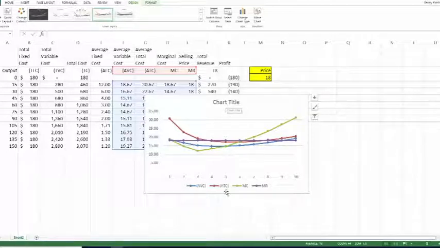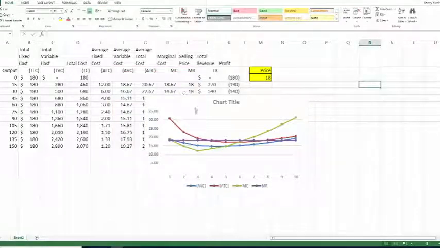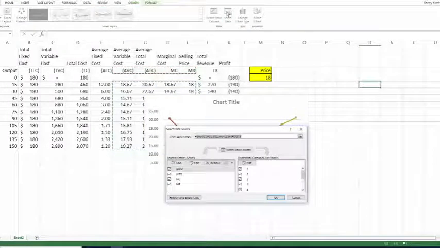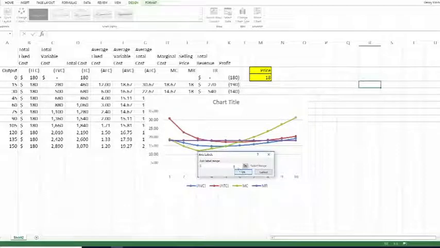First, let's put the output down here on the x-axis. So to do that, I'm still on the chart. If you click off the chart, your menu will change. So I'm clicking back on the chart and going on to select data. And again, the horizontal category, I don't know why they can't just say X, but I'm going to edit this and then select range.